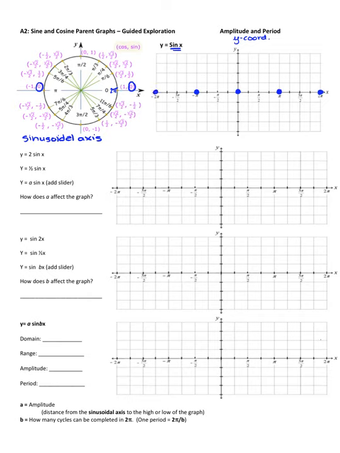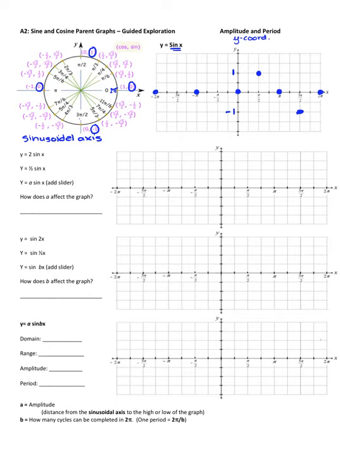So let's fill in a couple other points here. Notice that at pi over 2, my y value is 1. So I'm going to make it go up 2 so that it's not so tight. So at pi over 2, I have a coordinate of 1. At 3 pi over 2, my y coordinate is negative 1. So whoops, that will put me down here.